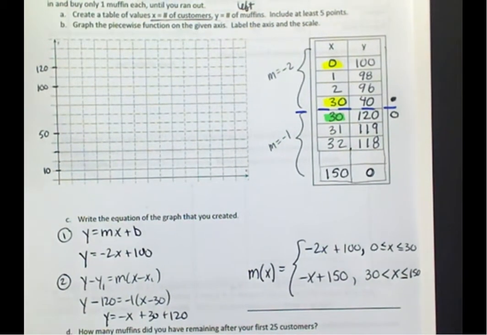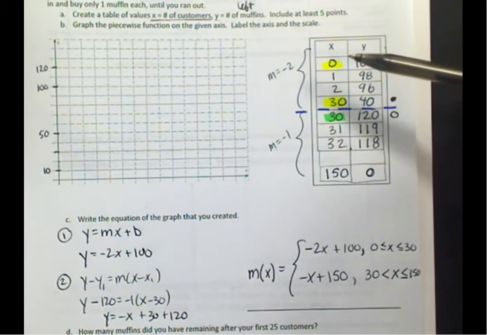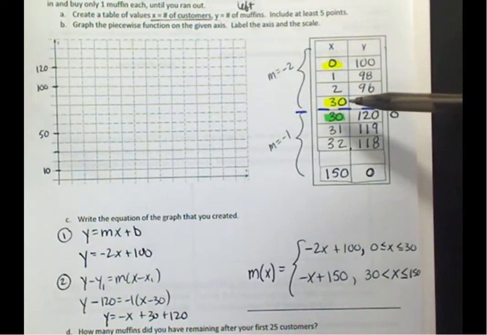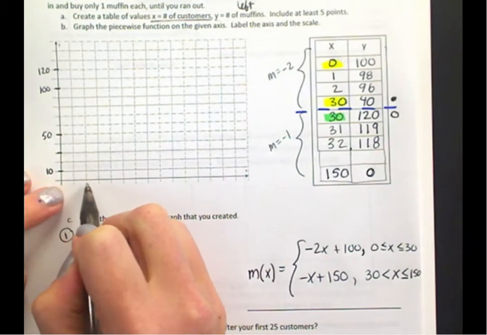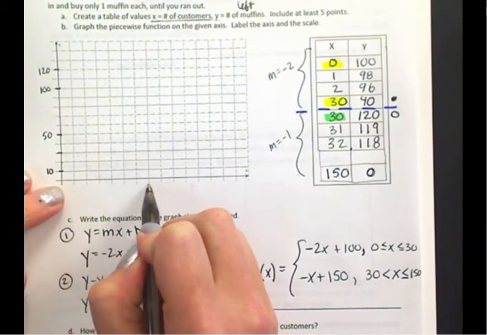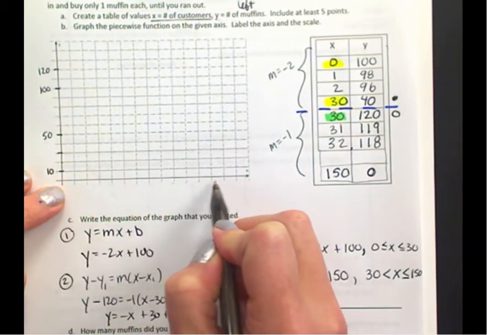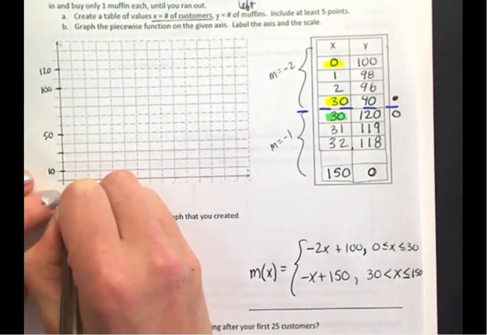120. I'm going to count by tens. And it looks like I need to go at least 0 to 30 and maybe all the way up to 150. Maybe I'll count by tens on this axis also. 1, 2, 3, 4, 5, 6, 7, 8, 9, 10, 11, 12, 13. Yeah, okay, so counting by 10 would work.